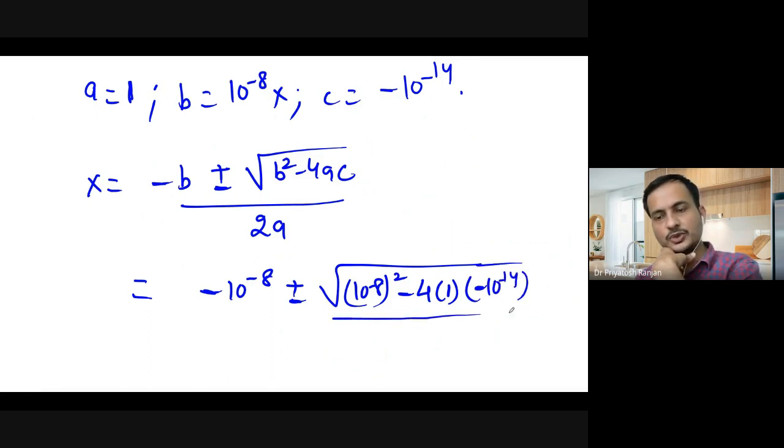Even though you need to do some extra calculation, this is the right way, and we'll see what differences we get and whether those differences are significant. Here a is again 1, so the denominator is 2.